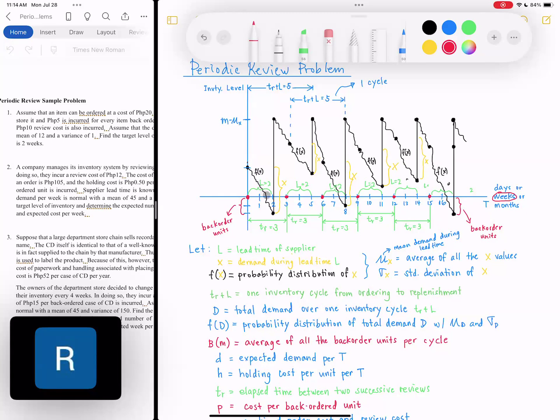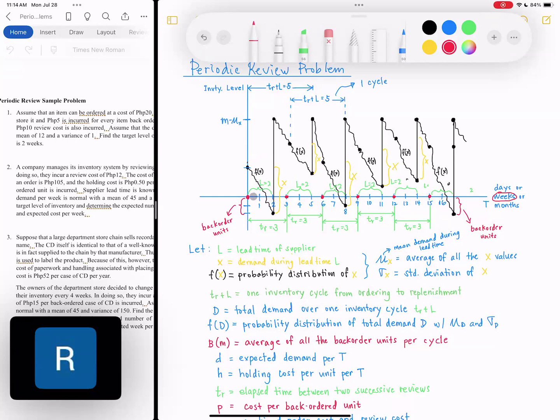And you will see that it goes below 0, right? So it goes to this point, which means that there is demand that is not fulfilled, but you are allowed to fulfill it sometime in the future. Okay, so that's fine. So we call this quantity here, if you look at this level here, we call this quantity here the number of units back ordered in this review cycle.